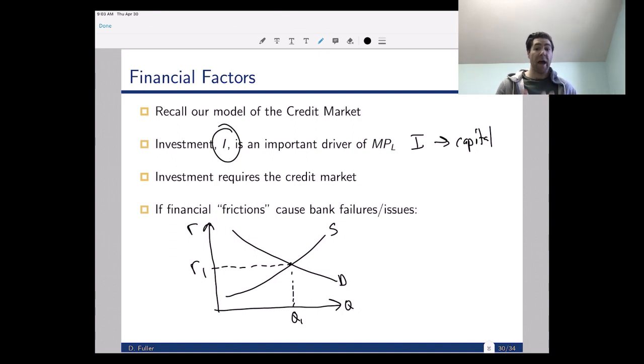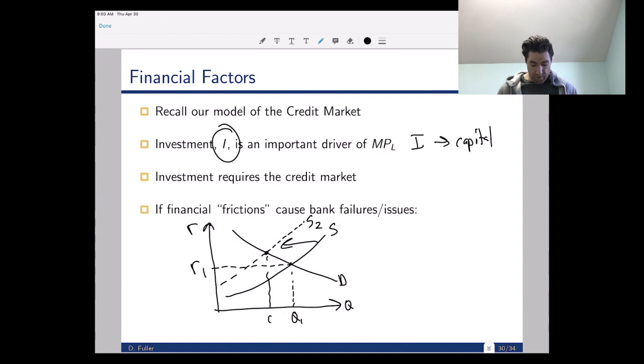The bank's balance sheet, the assets take a hit. Its stockholders' equity, the difference between assets and liabilities, goes down. And as that happens, it causes a shift to the left in the supply of credit. Banks aren't able to extend as much credit because they're having problems of their own.